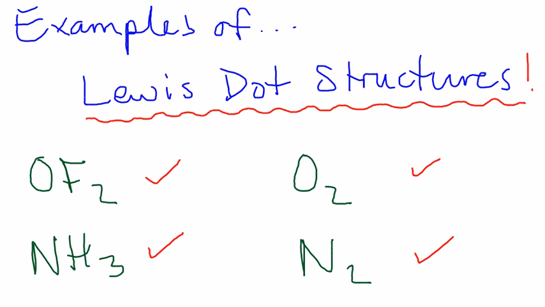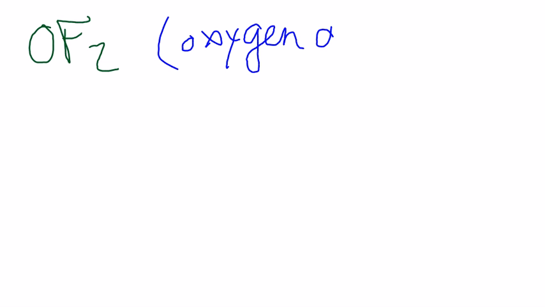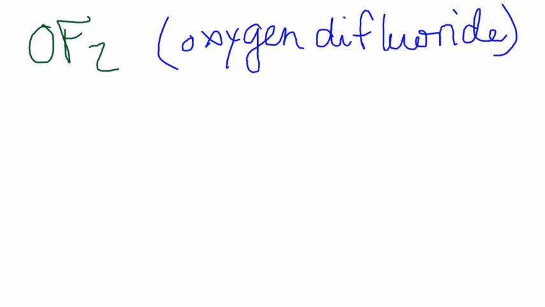So I'm going to wipe this, and we'll start working through. First one I mentioned was OF2, which we'll call oxygen difluoride. Nice. So the plan here is to do the Lewis dot structure.